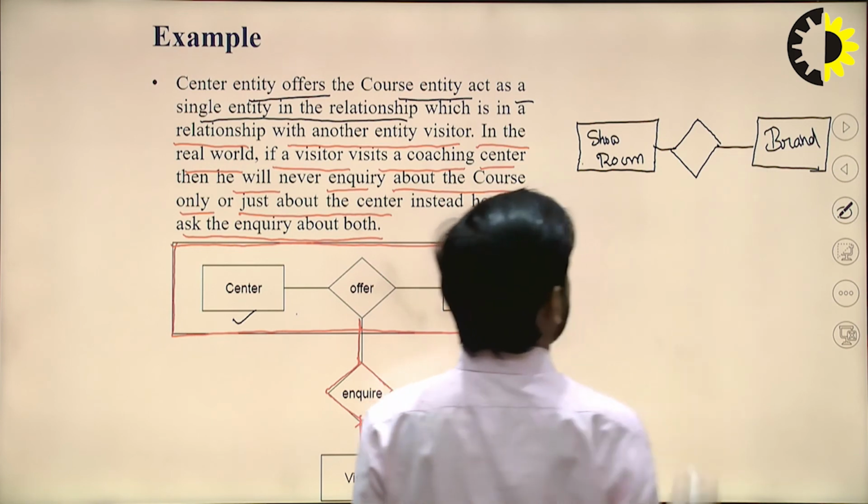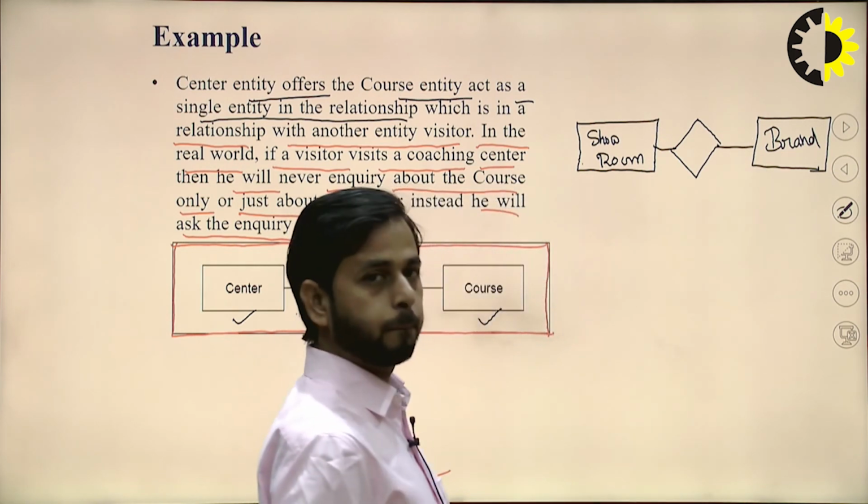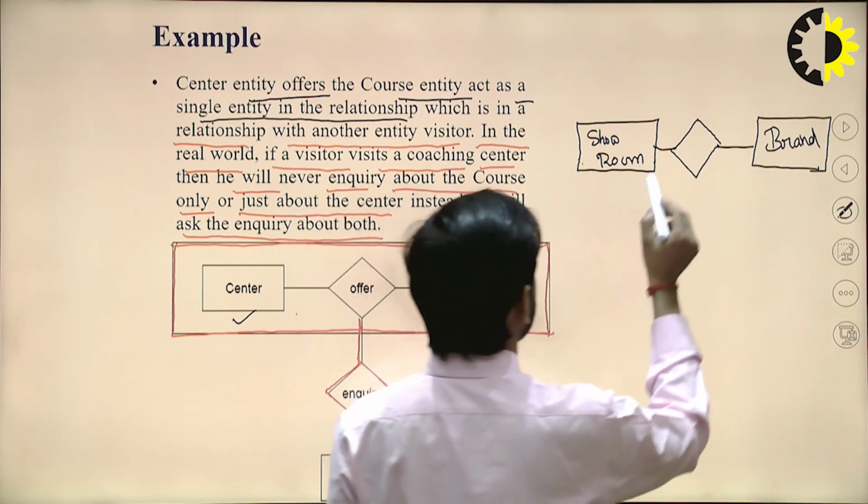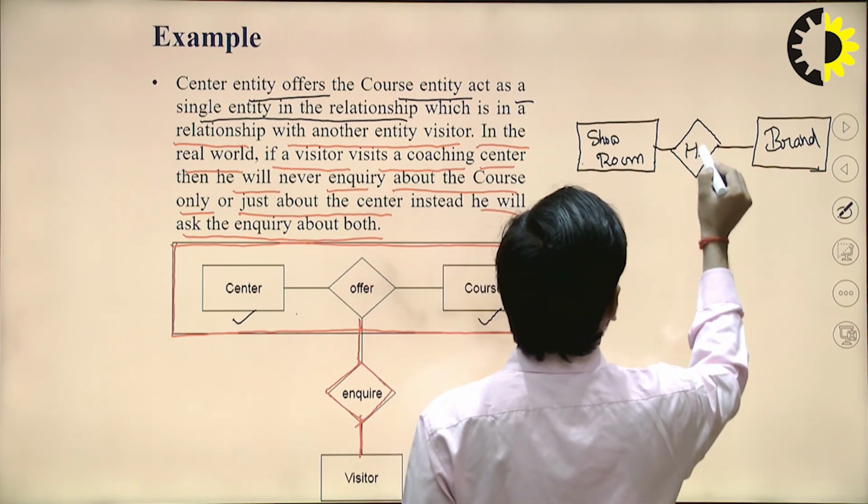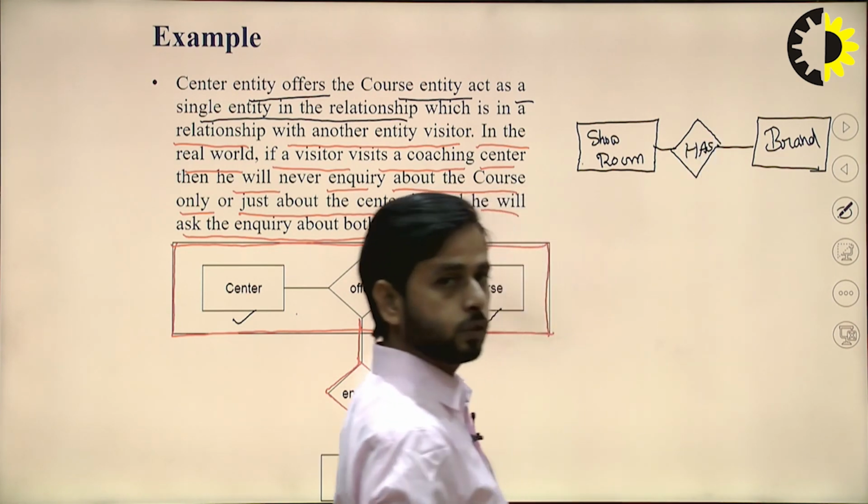These two entities are connected through a relationship. So this showroom has different brands of items.